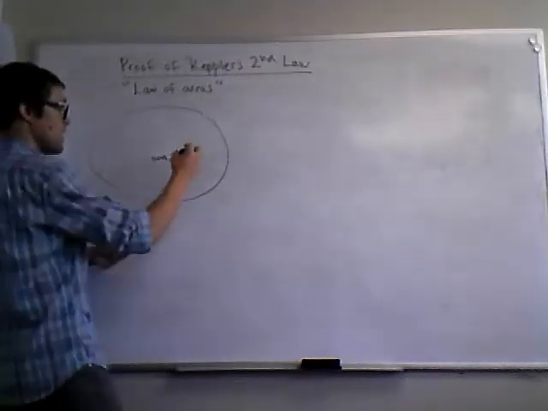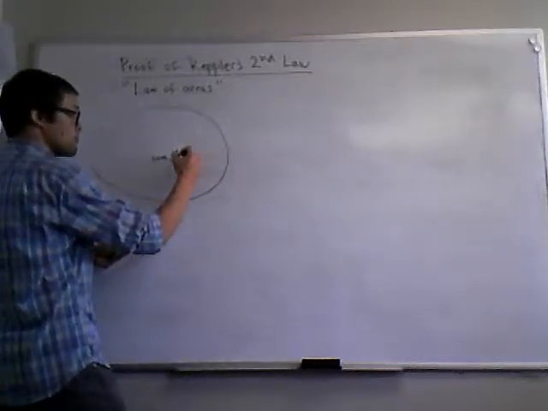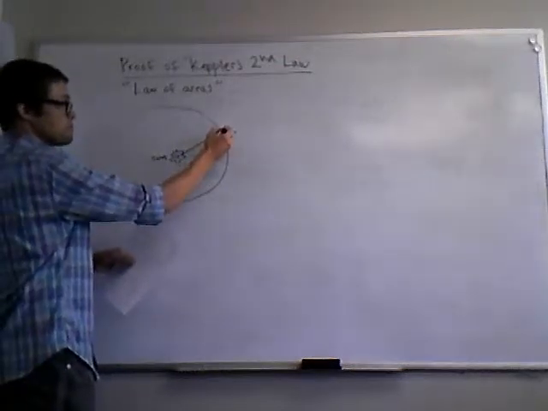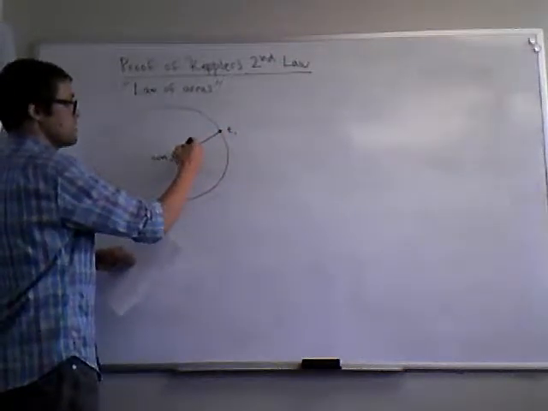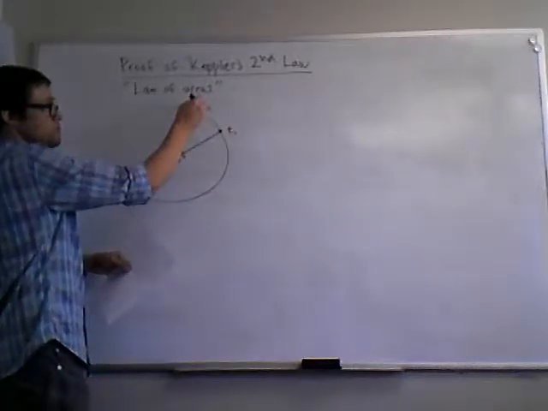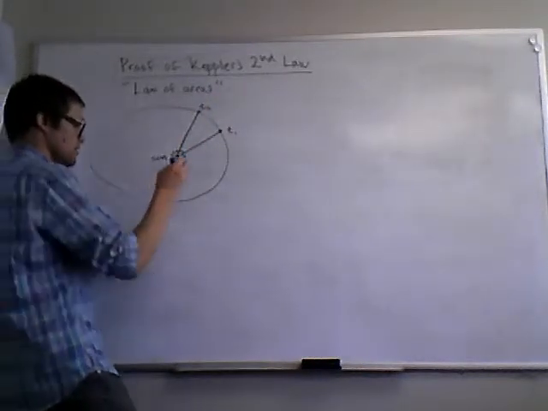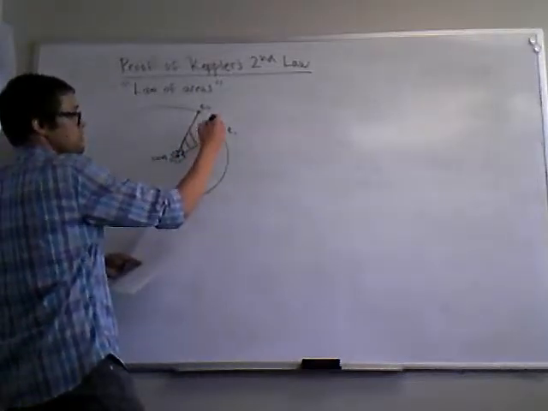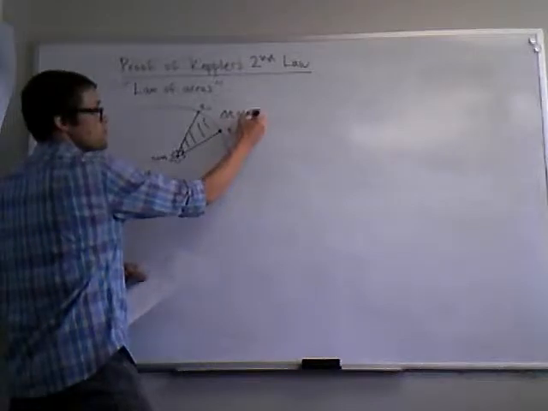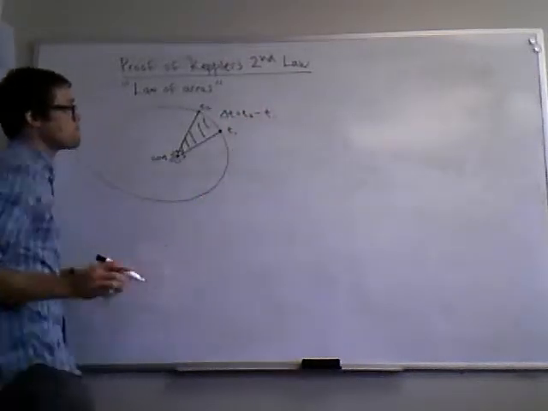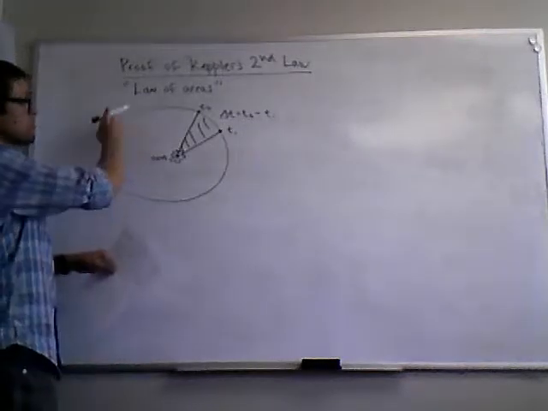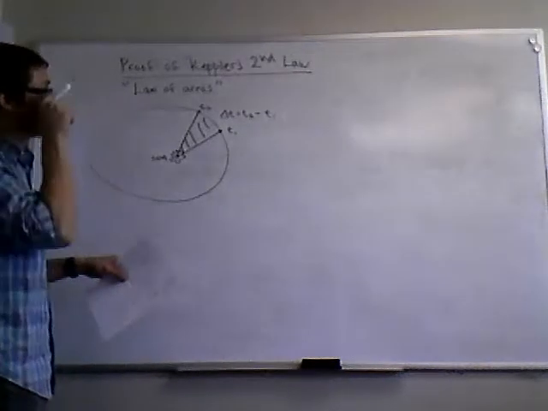Then at some time, let's say t1, the Earth may be here, and at some later time, t2, the Earth may have moved to this point, and the area swept out during that time, delta t, is going to be equal to the area swept out at some other part of the ellipse where an equal amount of time has passed.